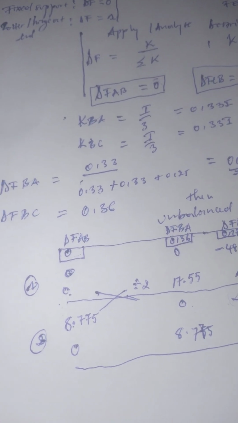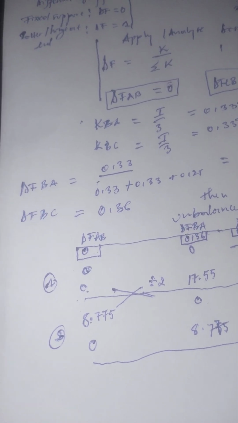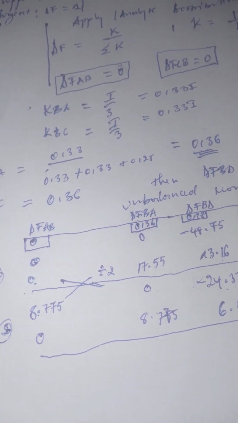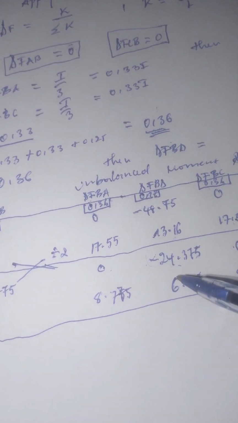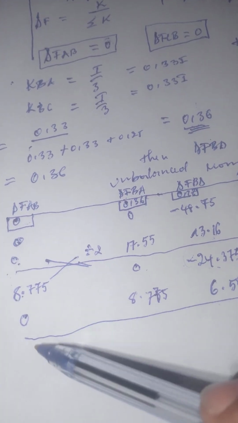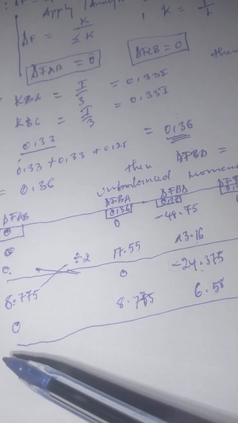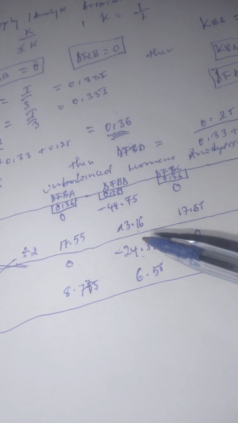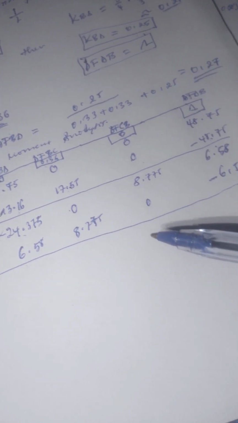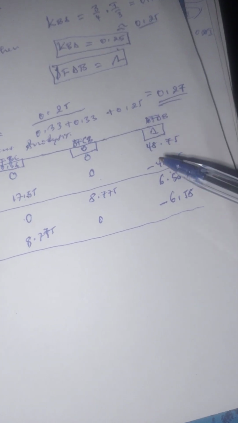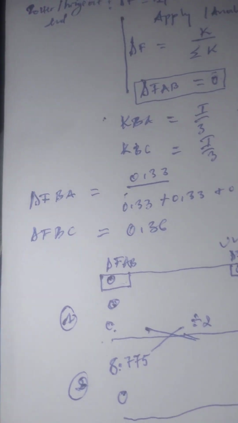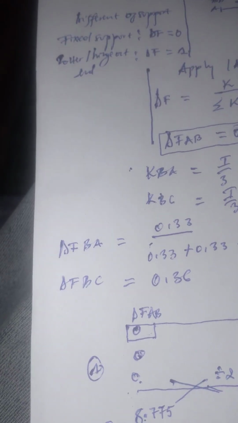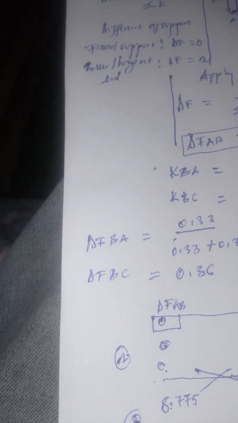By now here, when we want to analyze that by using an unbalanced moment, we must add this part and this part, and even this part we add, then all total is different: moment AB, moment BA, moment BD, moment BC, moment CB, and even moment DB here. But to continue with the unbalanced moment, when we stop here, we must have the total.